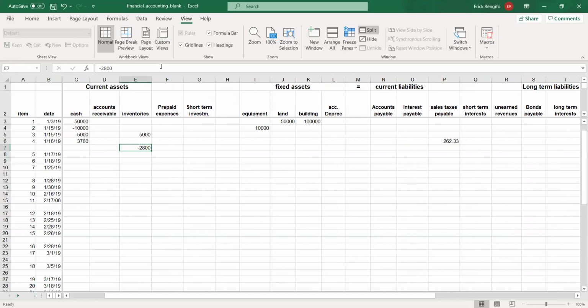And then we take it from the inventories. Of course, we need to reduce my inventories because I now don't have 5,000. I have this minus this, that is 2,200 inventories.